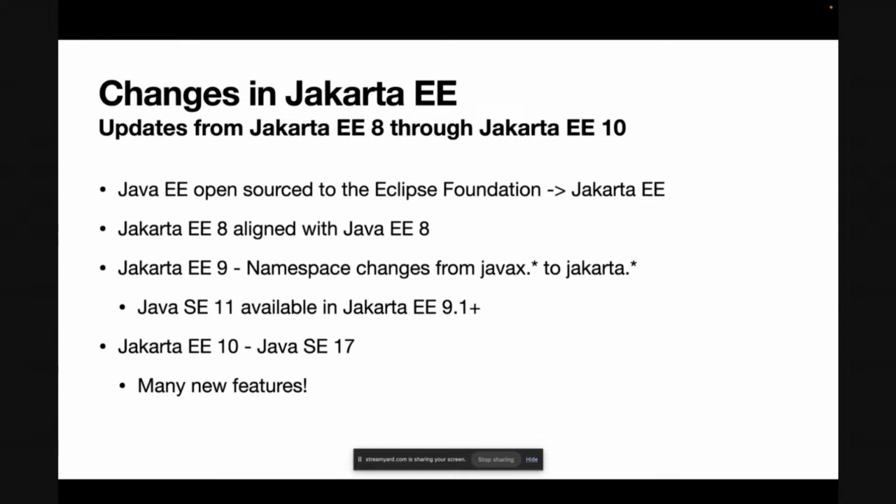It was to get an open source release out the door that was in perfect alignment with Java EE8. After that, we came up with Jakarta EE9, and what this included was name changes from the namespace of javax to jakarta. This was a necessary change to go from the older platform to the new open source platform.